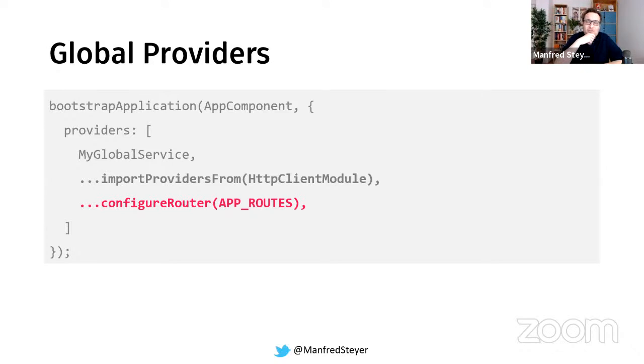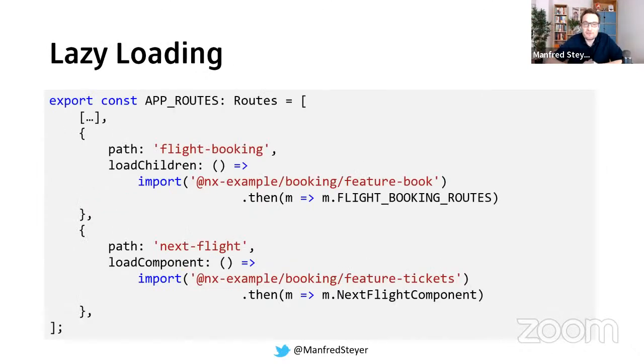Because the router is also responsible for lazy loading further routes. And for this, I have a good message for you. This routing configuration we are registering can point with loadChildren to another routing configuration. That means we are not pointing to another module. No, we are directly pointing to another routing configuration.